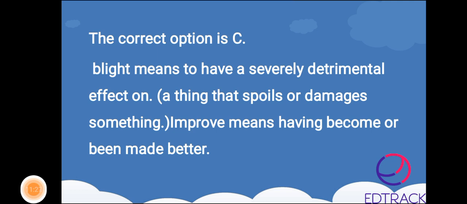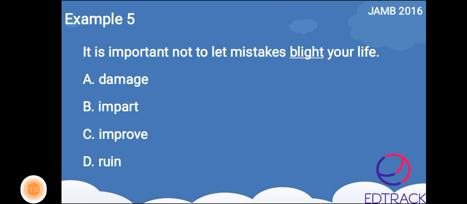So here we are told the correct option is option C. Let's go back and see what's in option C. Improve. This question is a straightforward one because you know that mistakes have a negative impact on one's life.